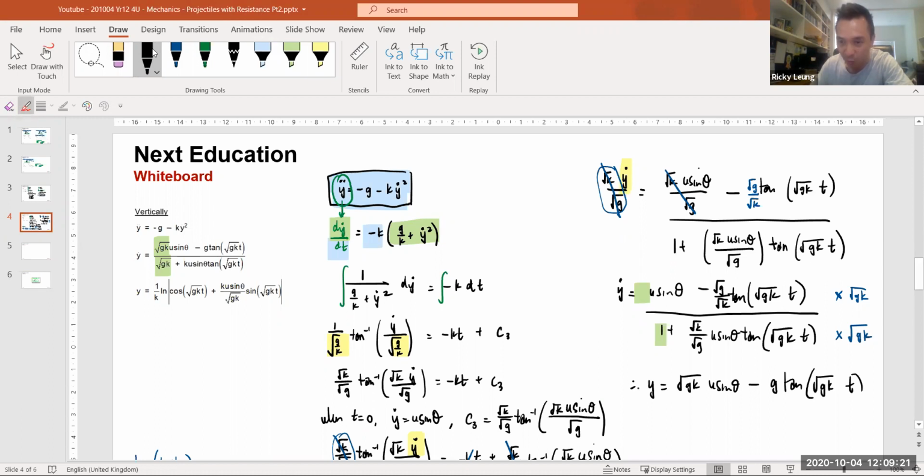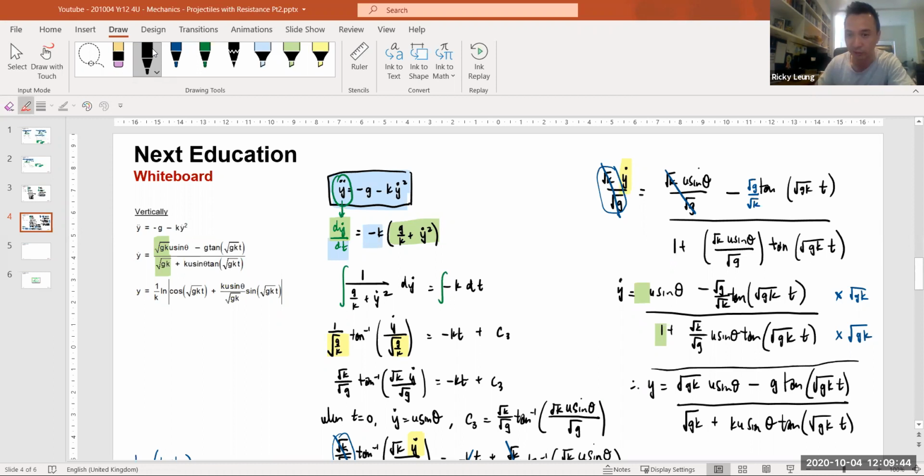It's always good to know what you want, because then you know when you've made a silly mistake. So that should be the numerator on top, perfect. And on the bottom, it's root GK plus the root G's go away. It's just ku sine theta tan of root GKt. All right, give yourself a pat on the back if you're following that. Yep, because that was a little bit intense.